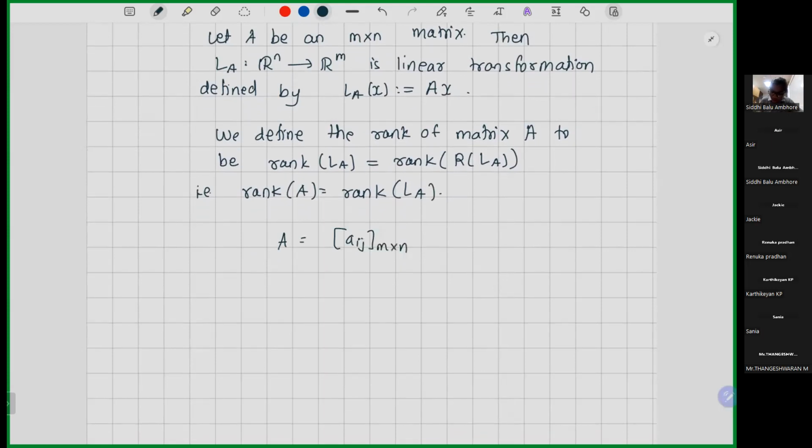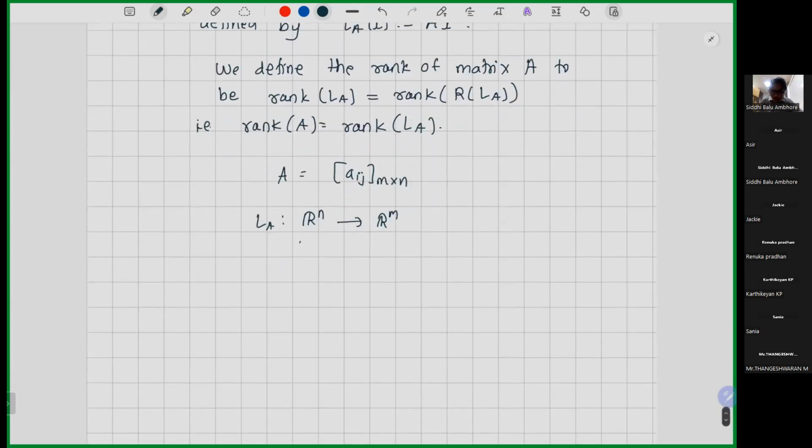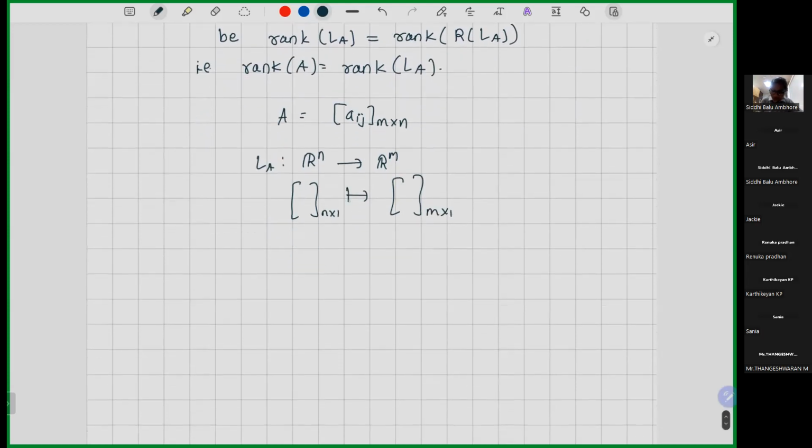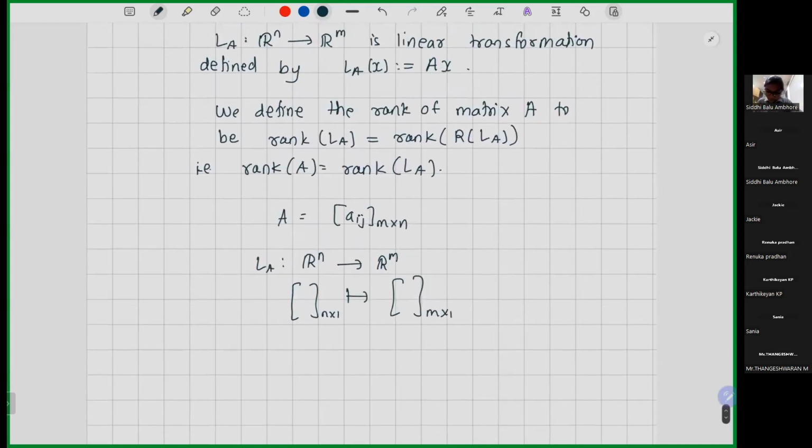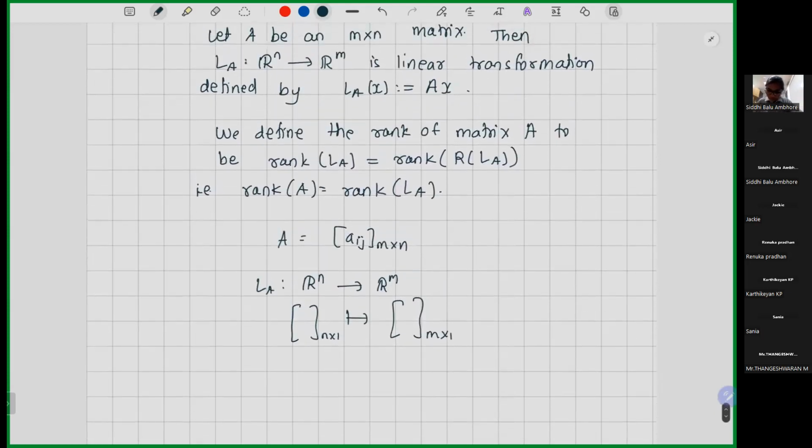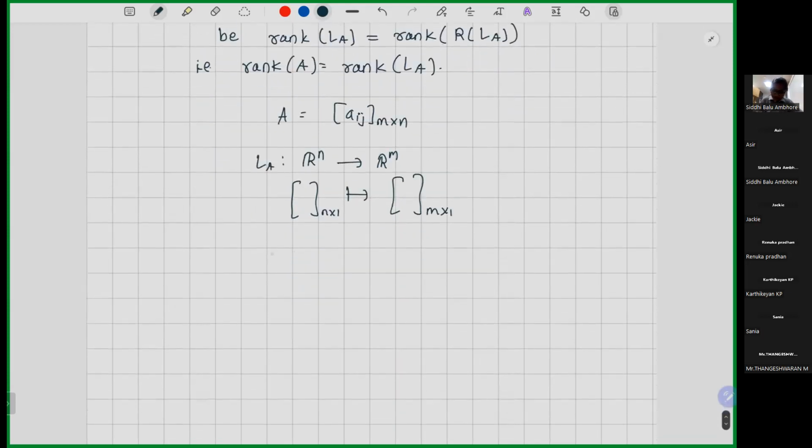Rn, I can look at it as a matrix N cross 1 going to some matrix M cross 1, right? So how am I doing this? I'm multiplying, Rn to Rm. Yes. So what I'm doing is Ax, where A is an M cross N matrix.